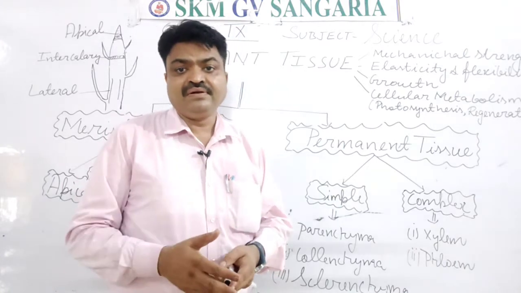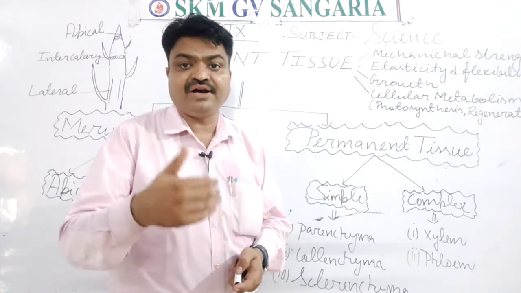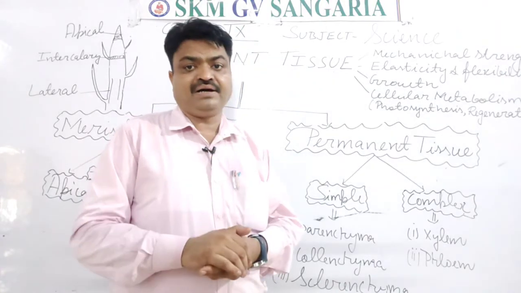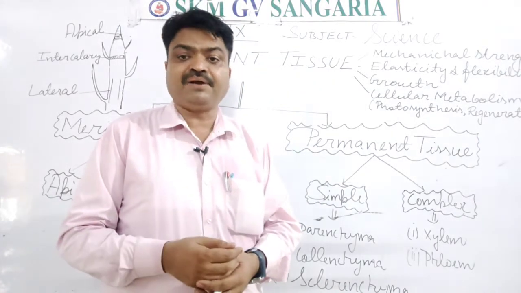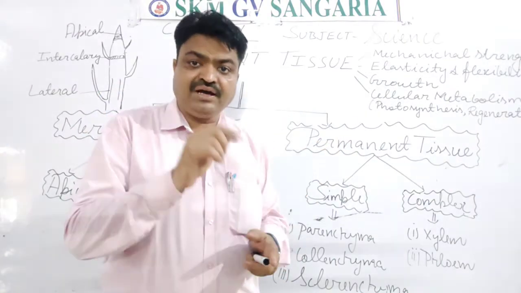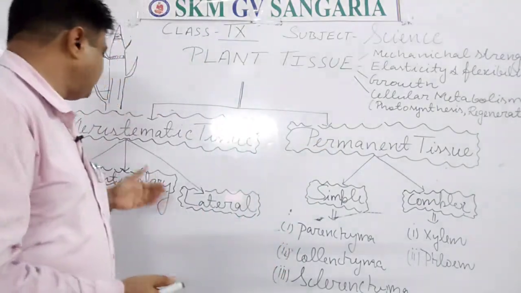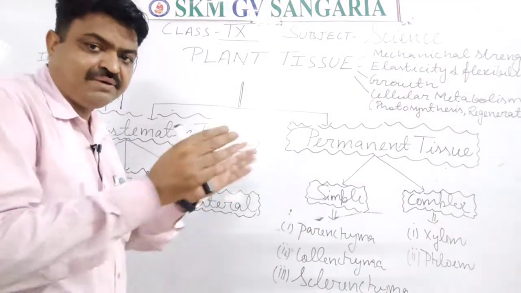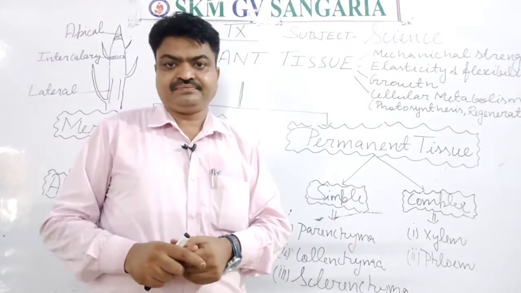Its cells have the capacity to divide, and with the help of that division, it helps the plants in growth. Means the plants grow in height, plants grow in breadth. With the help of which tissue? It is with the help of meristematic tissue, because their cells have the capacity to divide.